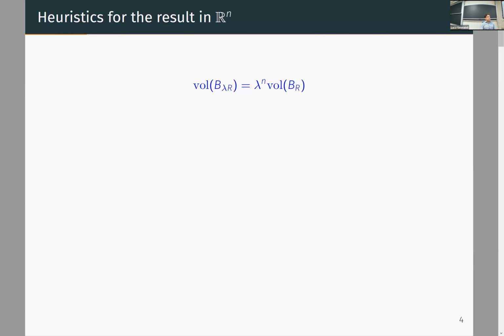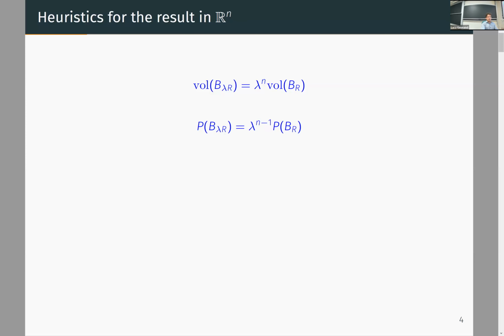So, a heuristic of the result. I hope this is what will remain with you, because the rest is quite heavy from the point of view of the computation. You all know that the volume is an n-homogeneous function of the radius, so the volume of a ball scales like lambda to the n. The same goes for the perimeter, but with a different dimension, of course, because of dimensional analysis.